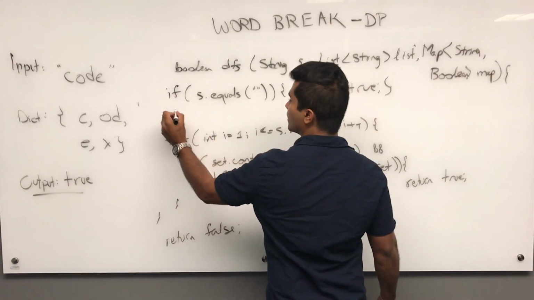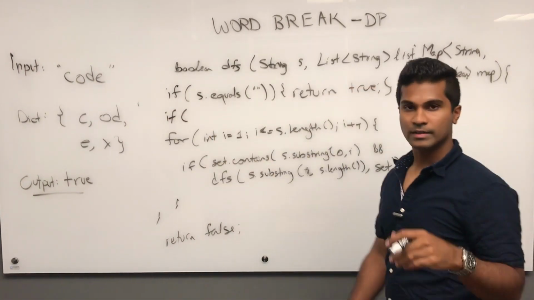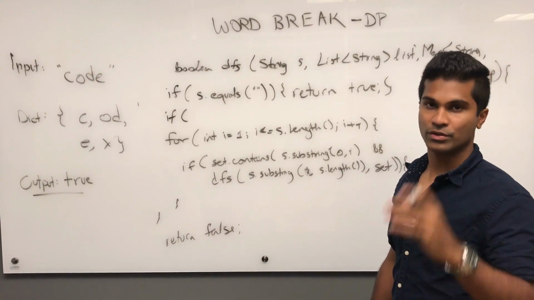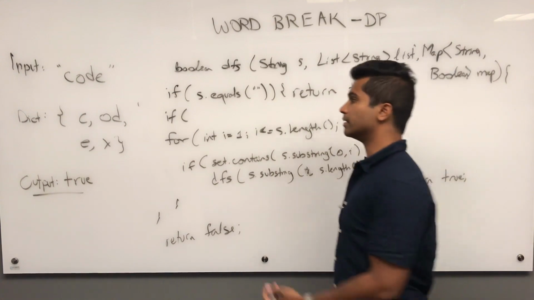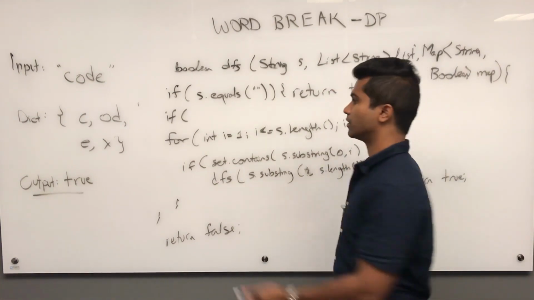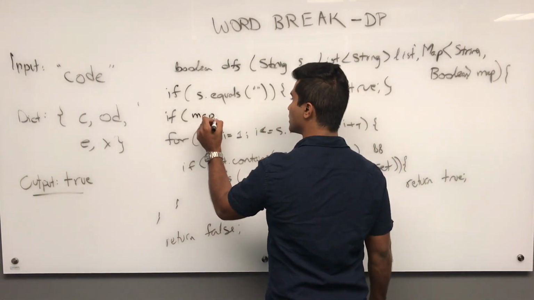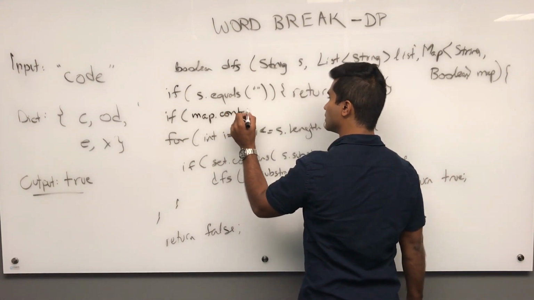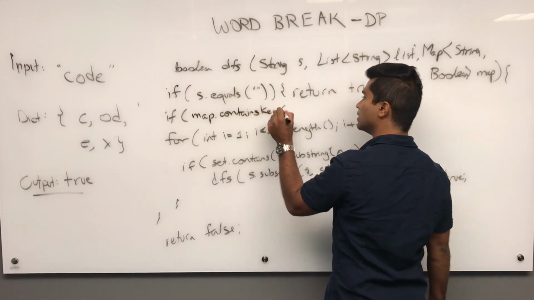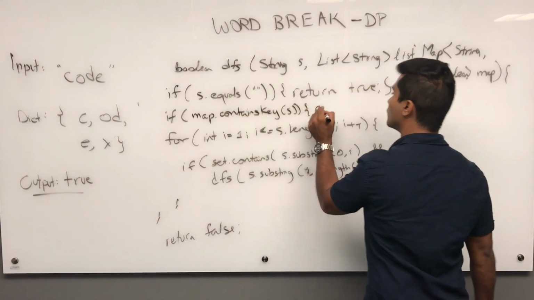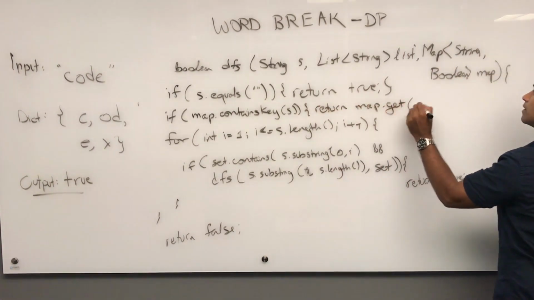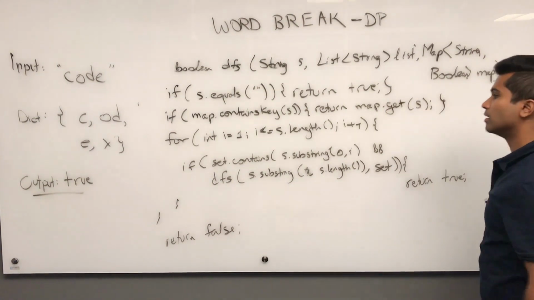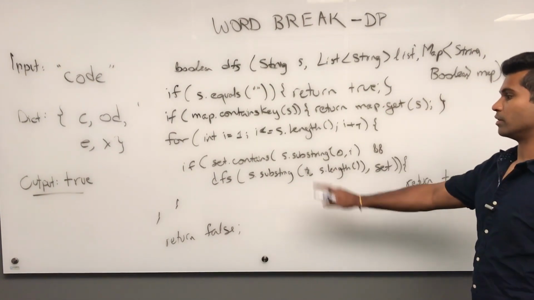If our map already contains the value of a substring we've already calculated, we return it immediately at the beginning of the recursive function. So if map contains key s, return map.get(s). Otherwise, we go back and we check here.